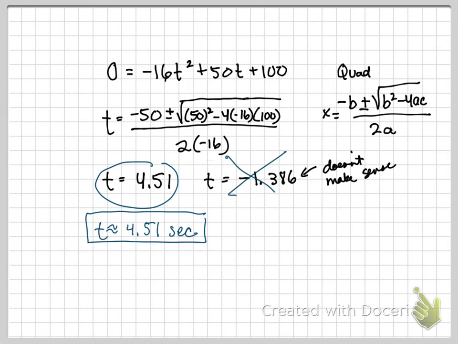And then I integrated the velocity formula to find the position formula. At that point, I plugged in 100 to find c, and after I found c, I then plugged in 0 for s at t, because s at t is the height, because when it hits the ground, the height is 0. I used the quadratic formula to then figure out what the time was.